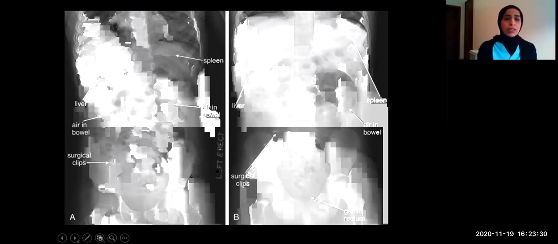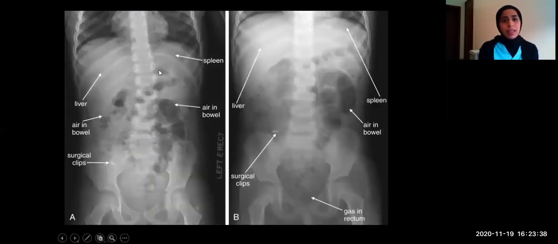You should identify the normal soft tissue density of the liver and the spleen, gas within the gastric lumen, and in every single patient, don't forget to look for the presence of air within the rectum. So this is the normal appearance of the gas distribution in a healthy abdomen of pediatric age group.